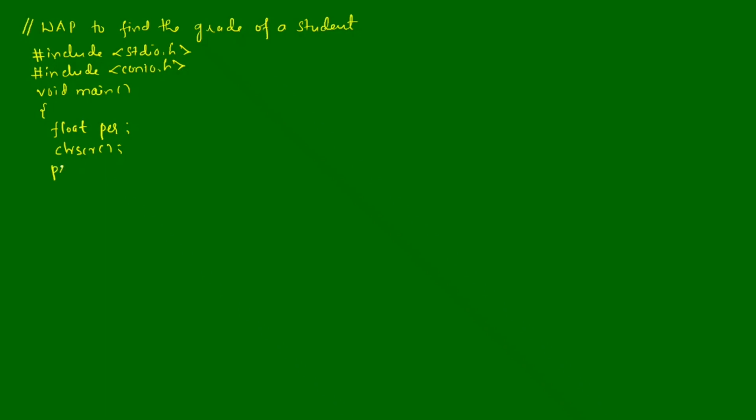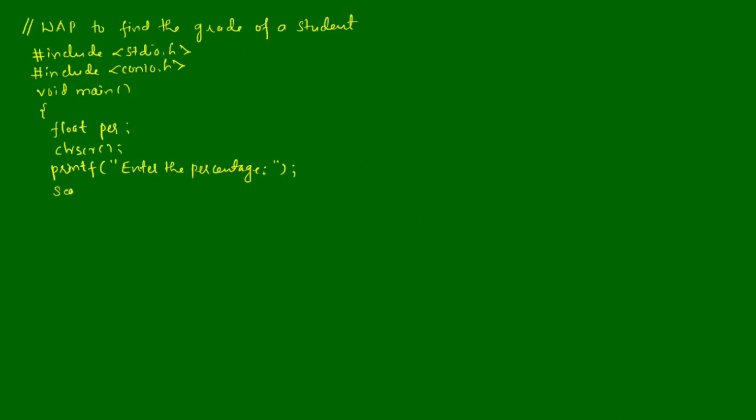Here I'll ask the user to enter the percentage using a printf statement. In double quotation marks, I'm going to write enter the percentage. So end the double quotation mark and put a semicolon.